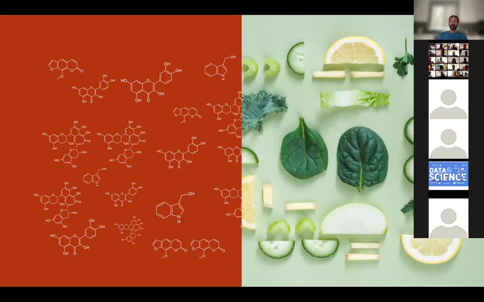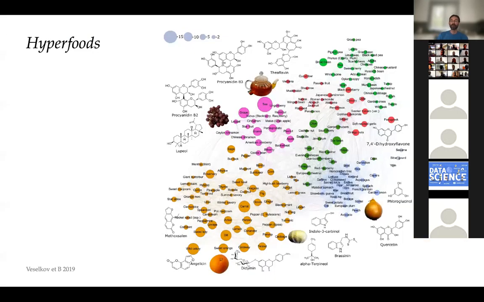And many of these molecules, maybe in tiny quantities, have a therapeutic effect that is similar to, for example, anti-cancer drugs. So it is very important to understand which of these foods might have this content.